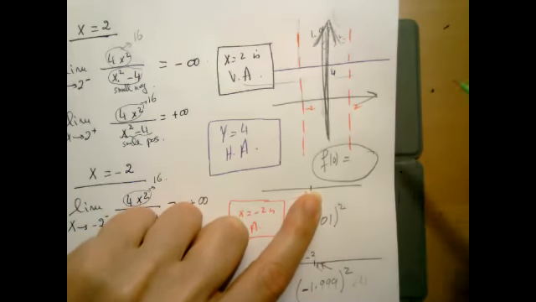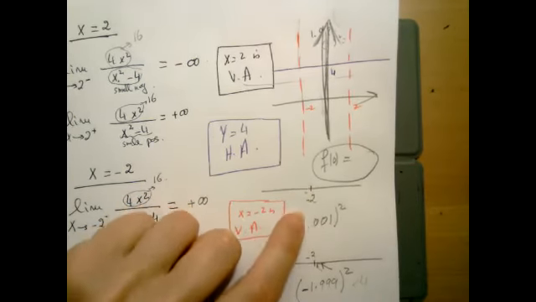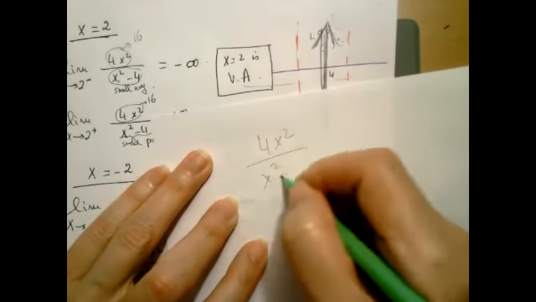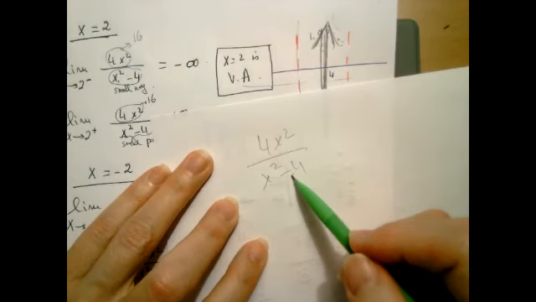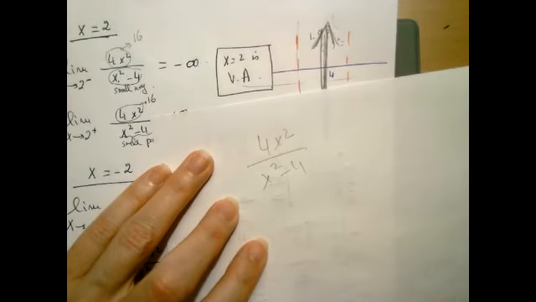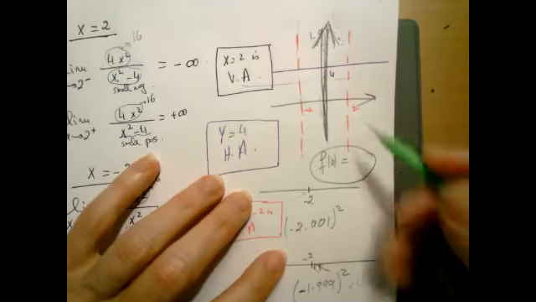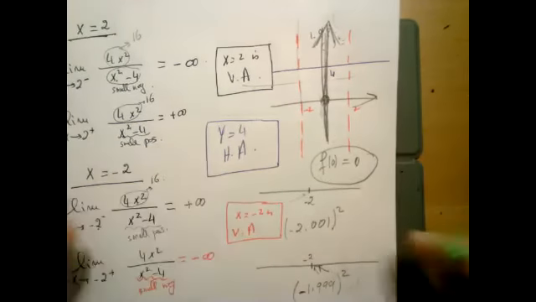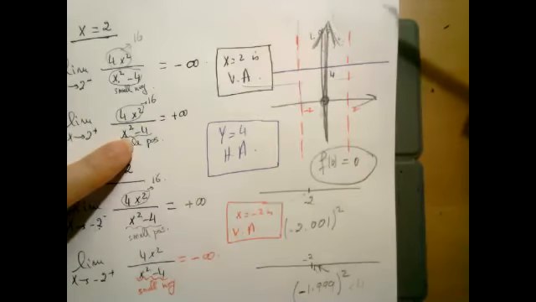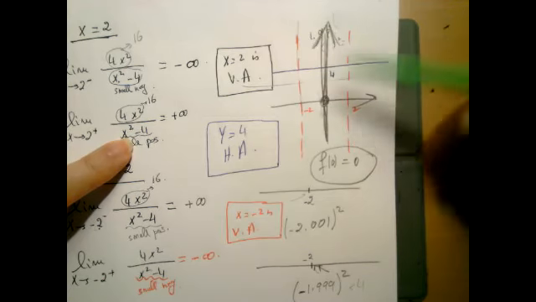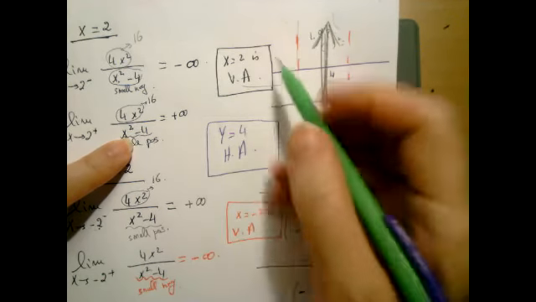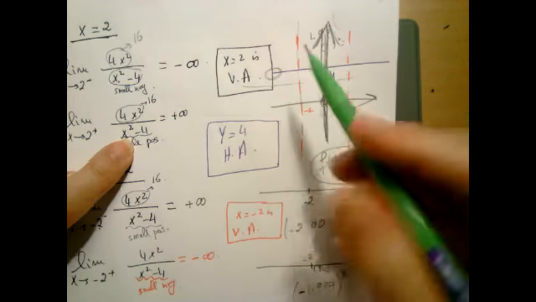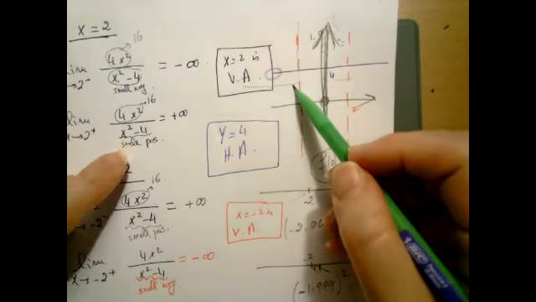My original function was this. That's what I'm working with. So at 0, my function takes 0 over -4, which is 0. So at 0, my function is right here. Now let us pick up the pieces. This is an asymptote, this is an asymptote. We're going to start somewhere in here because that's my vertical, and then are we going to move up or down?